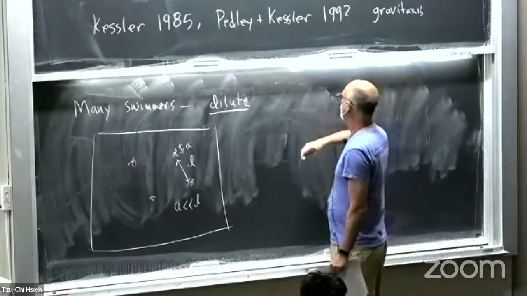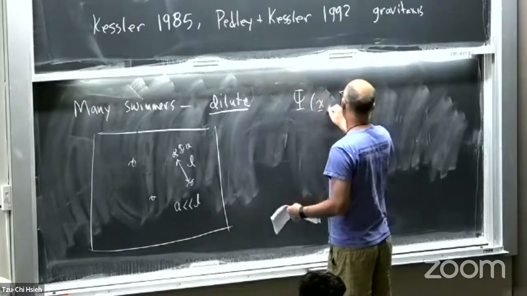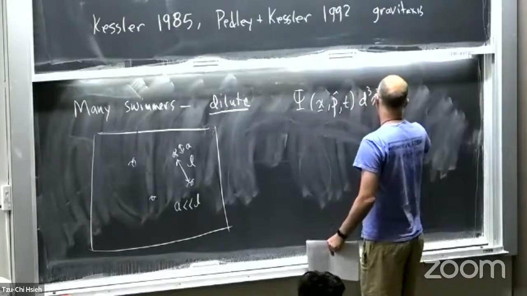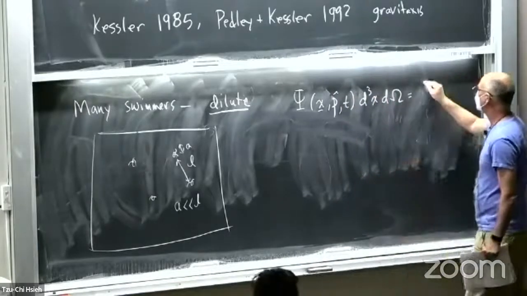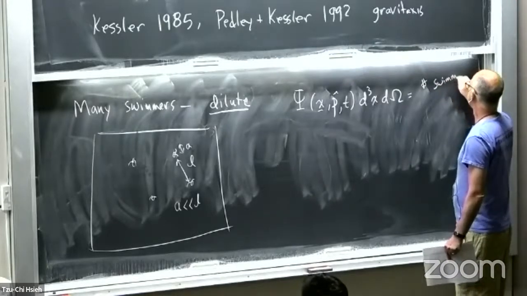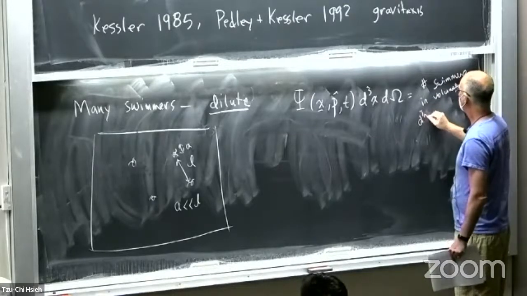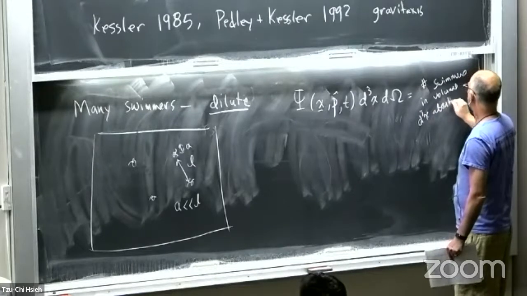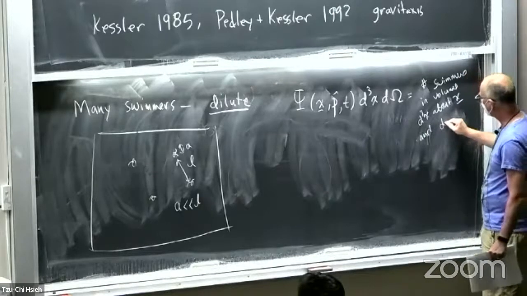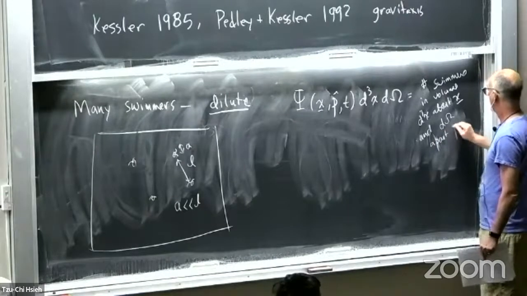We're going to use the distribution function for the swimmers in the kind of usual way. So psi is the number of swimmers in a volume, a little volume d3x about x, and a solid angle d omega about p hat.